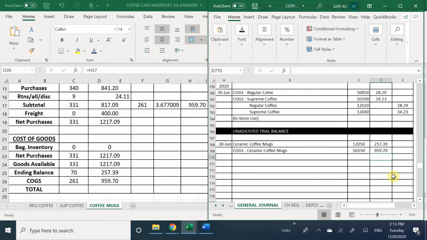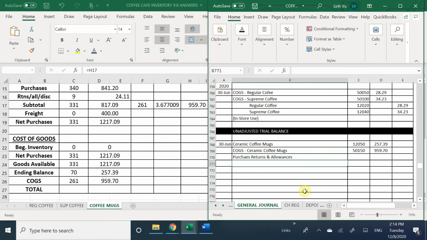Because we made purchases, but we've also returned a few items. Well, it's going to be in the debit column. Yes. All right. Good. So purchase returns and allowances is going to be in the debit column.